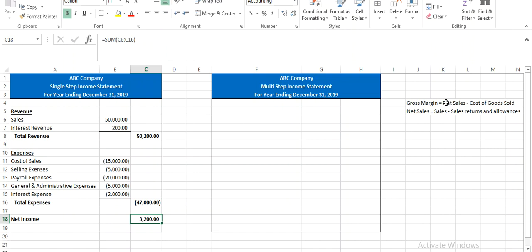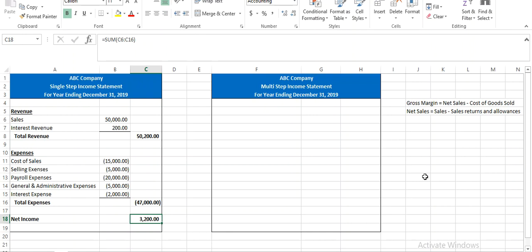Now, net sales is a formula in and of itself, because every time you see net, it means that something was taken out of this balance. So because I see net sales, that suggests to me that something was deducted from sales to get to net sales.